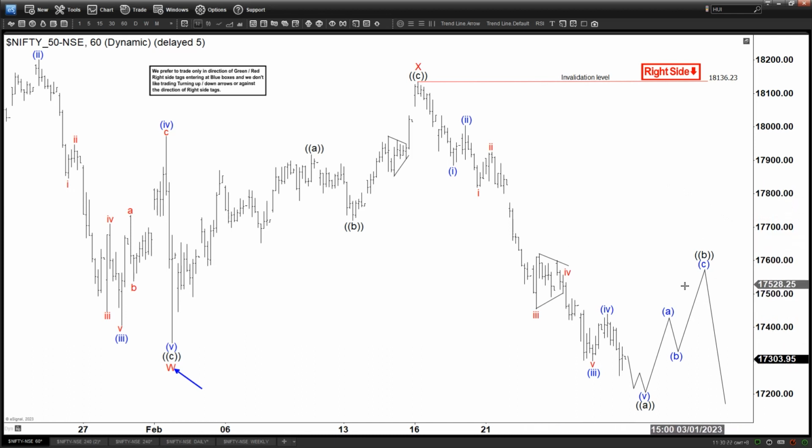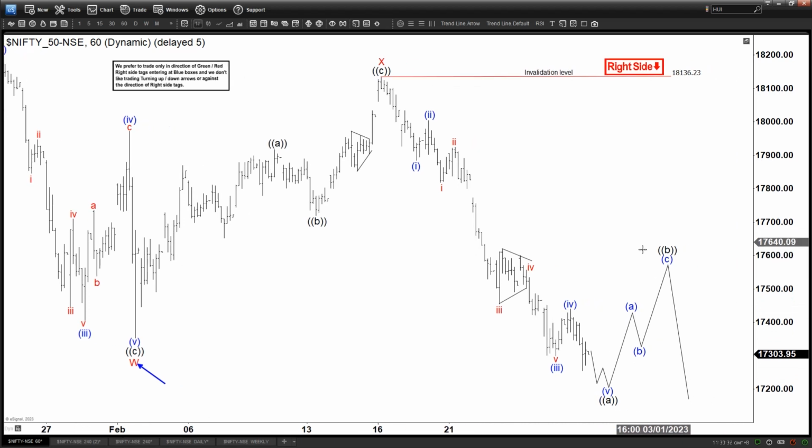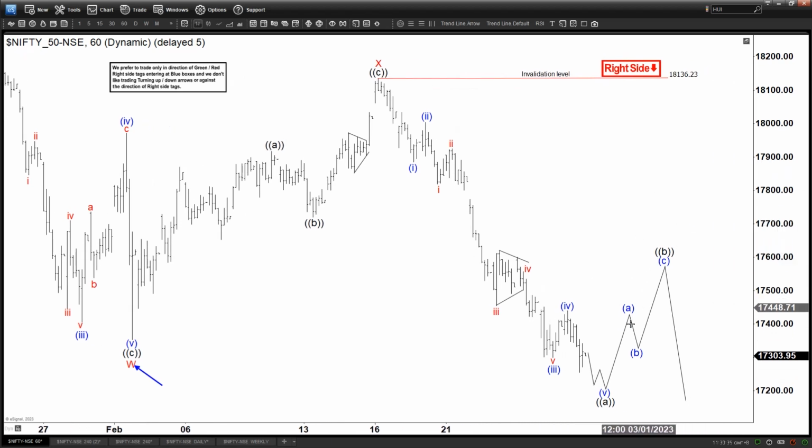Remember, the corrective structure is always in a 3 swing or 7 swing, and we are always going to be showing the first sequence, which is a 3 swing. But a lot of people interpret this as saying that it has to go down exactly to this level, or it has to go up exactly to this level, which is not supposed to be the interpretation.